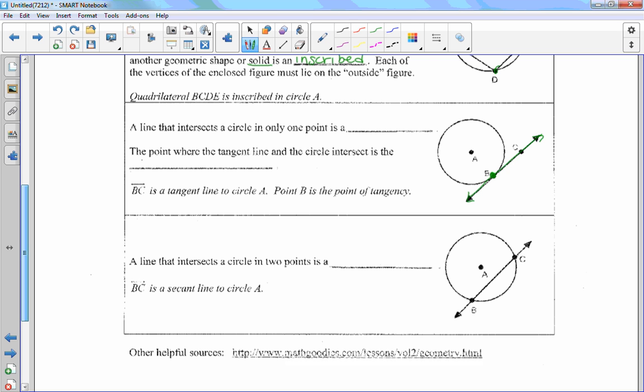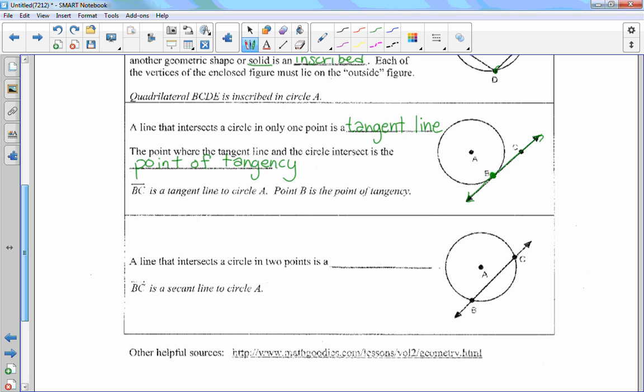BC is tangent line. Okay, a line that intersects a circle at only one point is a tangent line. That one point where it intersects the circle is called the point of tangency.